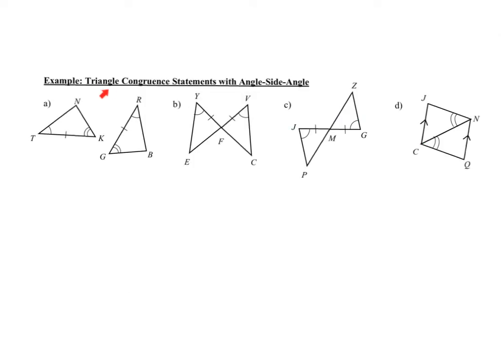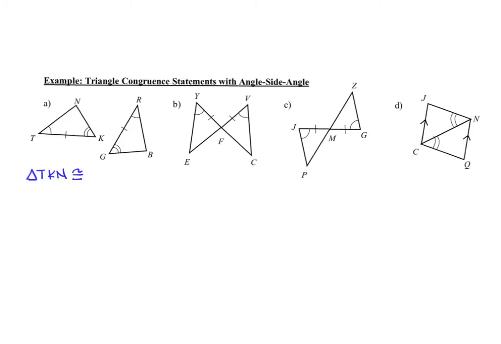Now let's practice triangle congruency statements with angle, side, angle. So notice we have angle here. So angle T and R are congruent, angle K and G are congruent, and then we have a side that's congruent. So if I name the first triangle as triangle TKN, that would be congruent to what triangle?